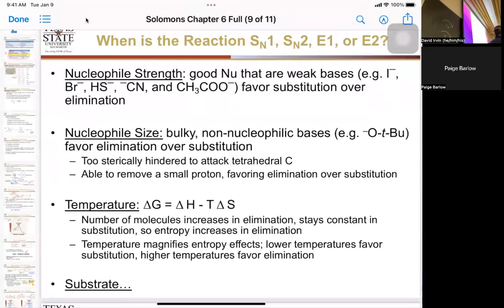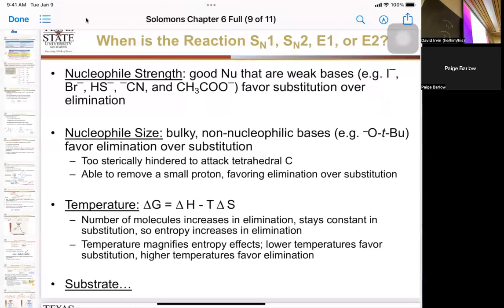And then temperature. It turns out that you can increase one over the other, elimination versus substitution, by playing with the temperature of the system. The number of molecules increases in elimination, so higher temperature promotes elimination. So if you have a choice, let's say you have a base, you run the reaction at 5 degrees and you run the reaction at 100 degrees.